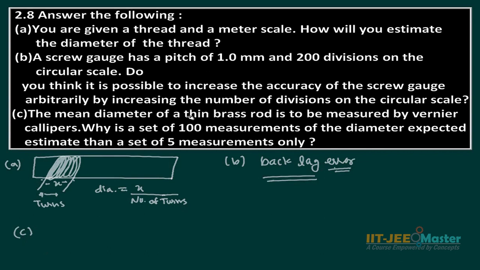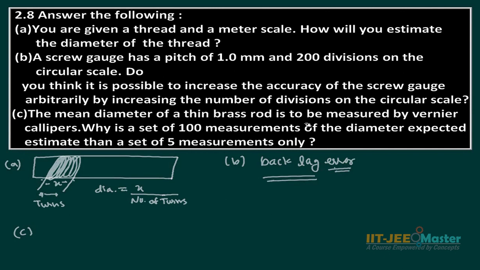The mean diameter of the thin brass rod is to be measured by a vernier caliper. Why is a set of 100 measurements of the diameter expected to give a better estimate than a set of 5 measurements only? By increasing measurements, we are reducing errors, because errors come random in nature.